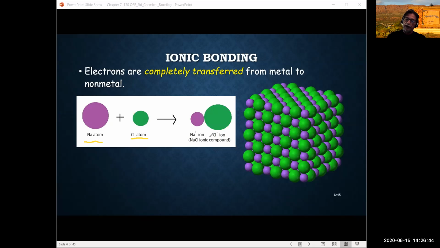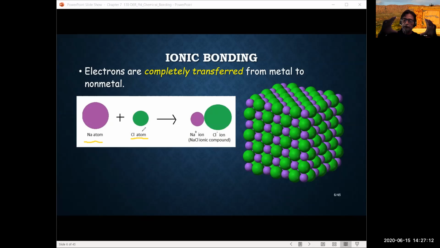The counter to that is the chlorine atom. It's in group 7. It's got room for one more electron. So it's going to pick up that electron that sodium gave up and put it in its valence shell to fill it up. By adding that one extra electron, the third energy level, 3p5 that it started off with, now becomes 3p6.